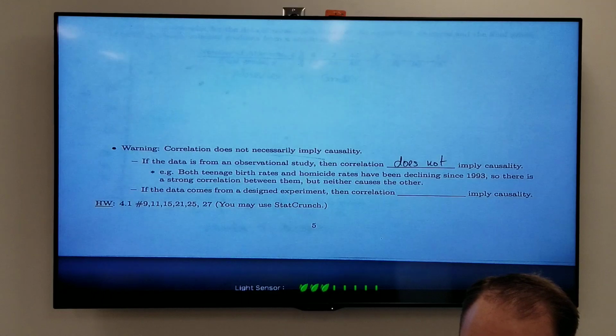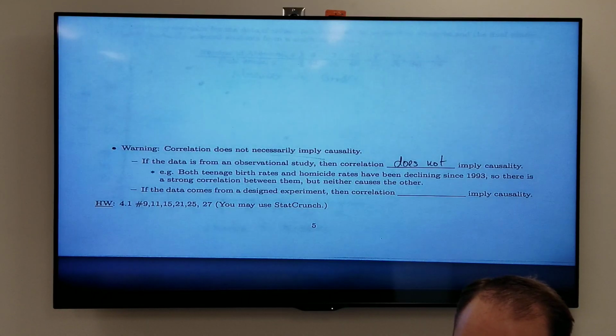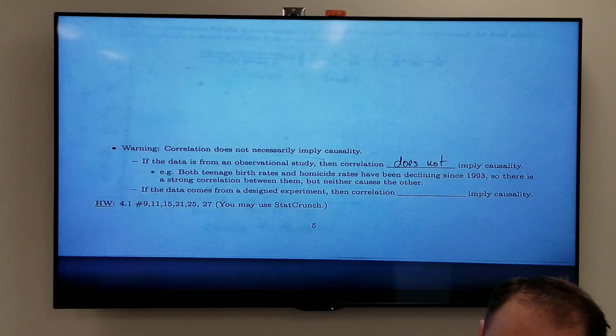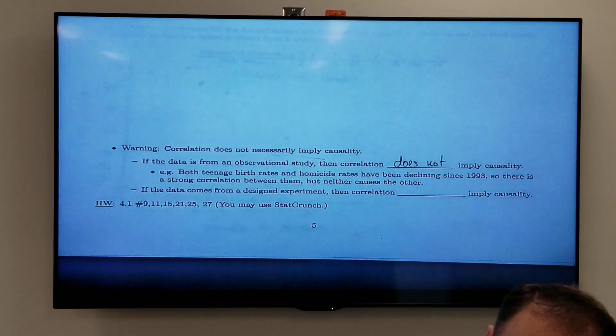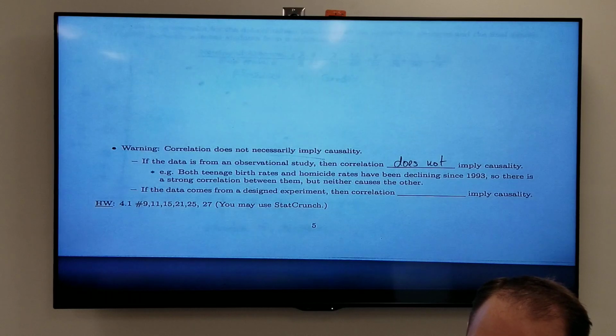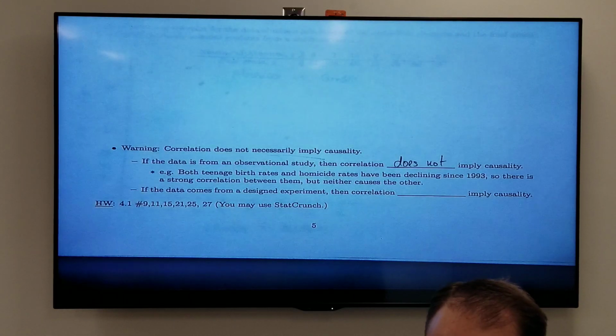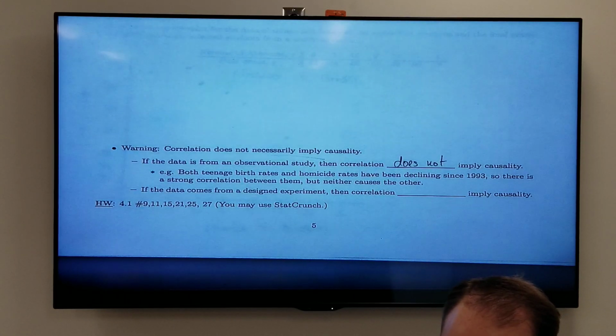Both teenage birth rates and homicide rates have been declining since 1993. So there's a strong correlation between those two variables, right? But neither one of them really causes the other to happen, right? So there's a strong correlation, but that does not imply a causal relationship. It doesn't imply that one of them is causing the other, right?